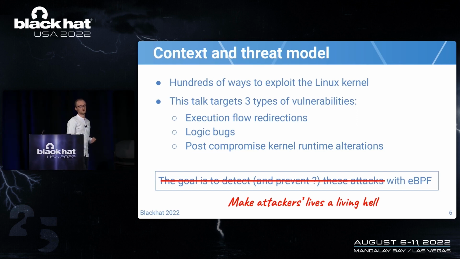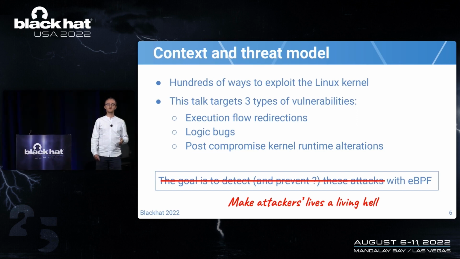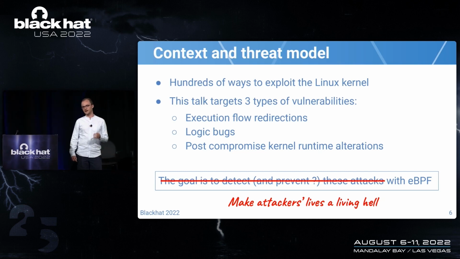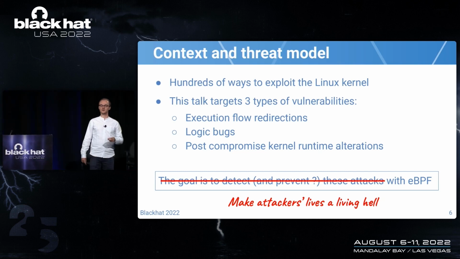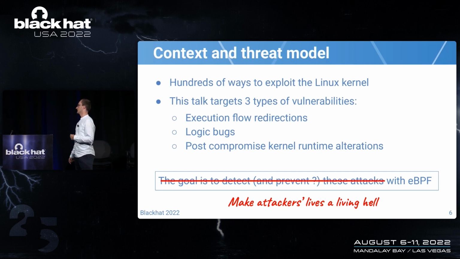Those 3 types of vulnerabilities are way too ambitious, and it would be an utter lie if I were to say that kri was able to catch every single one of them. What we are more realistically going to do is try to make attackers' lives a living hell. Again, we need to be very realistic about expectations and what you can actually do with eBPF in the sphere of detecting kernel exploits.